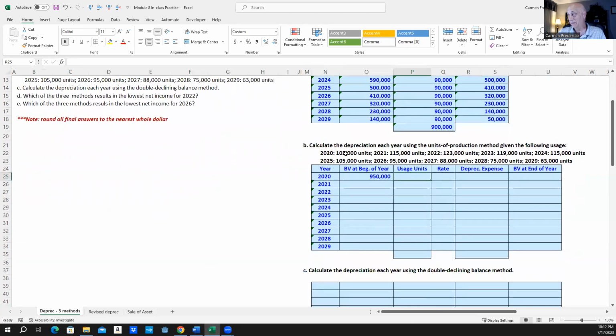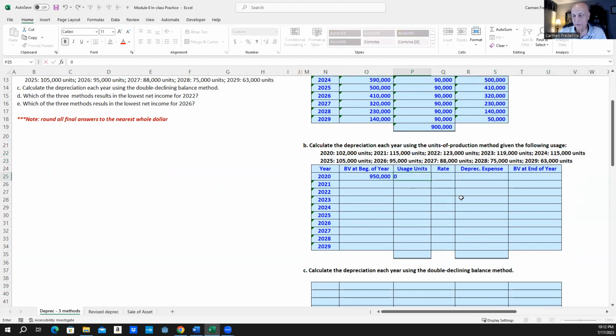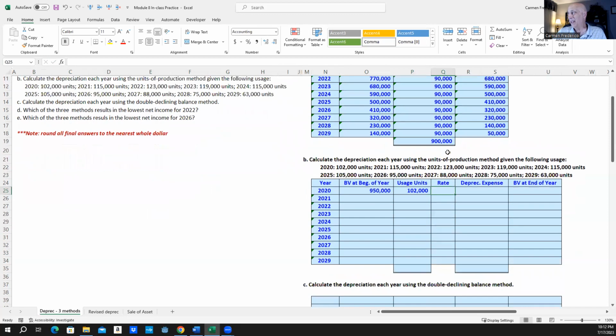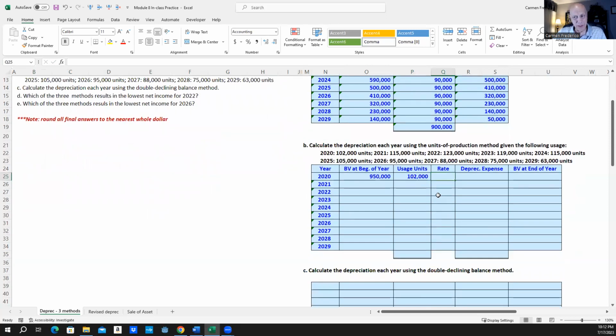So what if over the 10 years, we use this machine based upon these number of units? So in the year 2020, we used 102,000 units. Okay, what is the depreciation rate? Well, instead of getting a rate per year, like straight line, units of production gets a rate per unit or hour, if we're dividing by hour, whatever the denominator is.